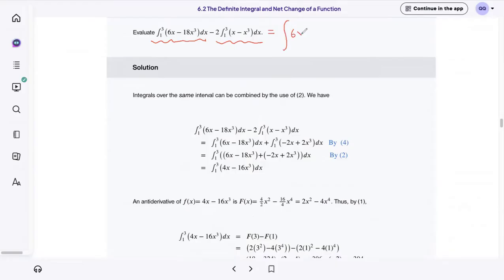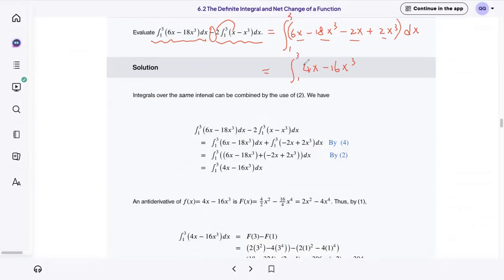So we have 6x minus 18x cubed, now minus 2 times 2x, then negative 2 times negative becomes plus 2x cubed, right? Then dx, also from 1 to 3. Then we can combine like terms. So that's 4x, then these two, that's negative 16x cubed.